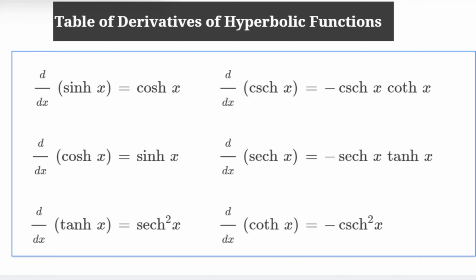I have this little rule in my head. If it started with a C, you get a negative when you turn it into a derivative. That's just the complex ones, the crazy backwards ones, that are negative. And sine and cosine basically just keep flipping back and forth instead of changing their signs.